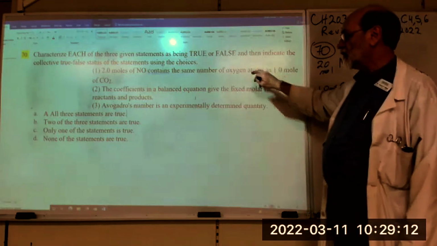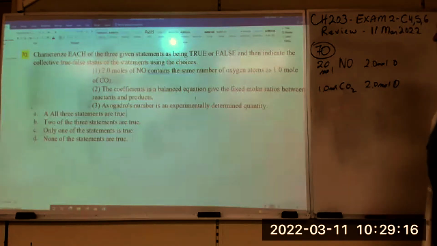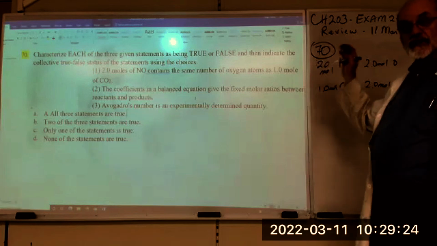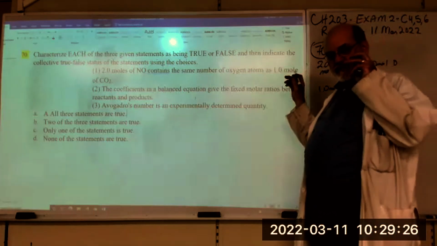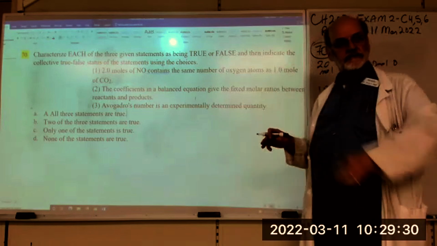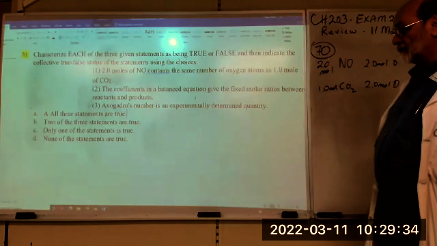This one's correct. The coefficients in a balanced equation give the fixed molar ratios between reactants and products. That's true. Once it's balanced, those coefficients give you the mole ratios of each of the reactants and products. So 2 is true.